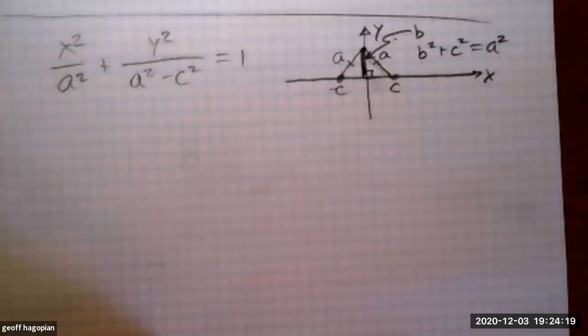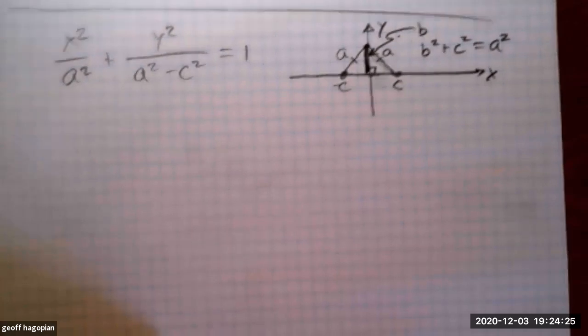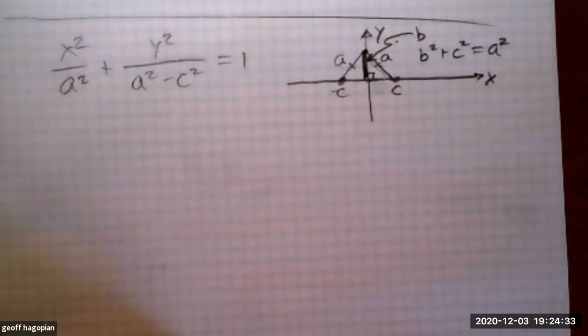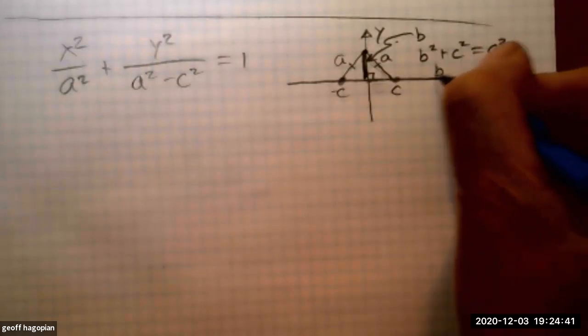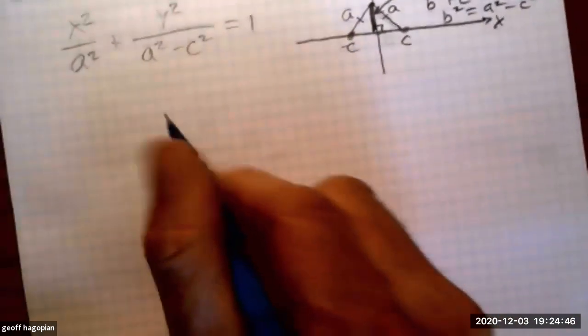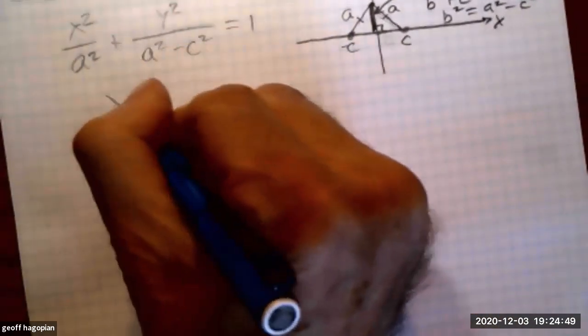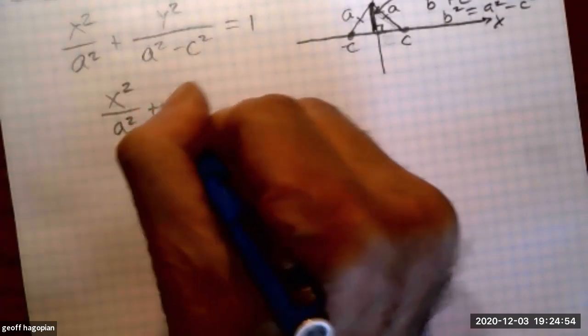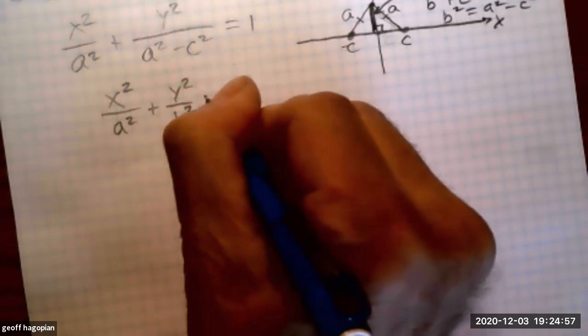So what does that mean b squared is? Well, b squared is a squared minus c squared, right? Oh, well, that's what we got in our diagram here. So if we rename this b squared, then we've got a very simple looking equation for the ellipse, right? x squared over a squared plus y squared over b squared is equal to 1.